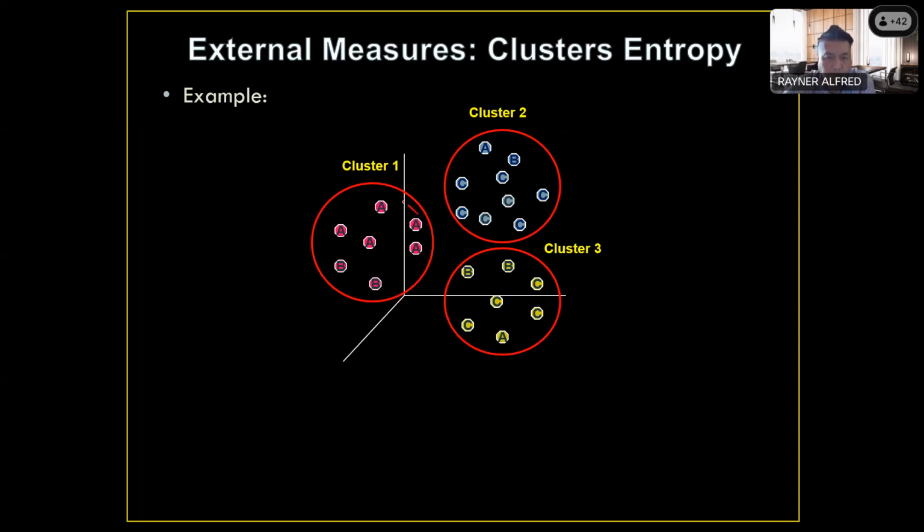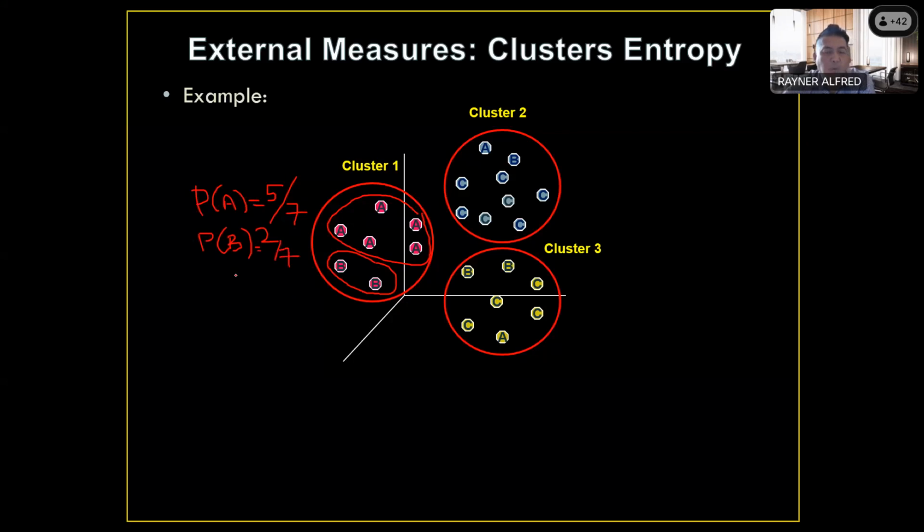So over here we have 5 A and then 2 B. Okay, so the probability of having label A here is 5/7, right? This is the probability of having A. And then the probability of having B will be 2/7.